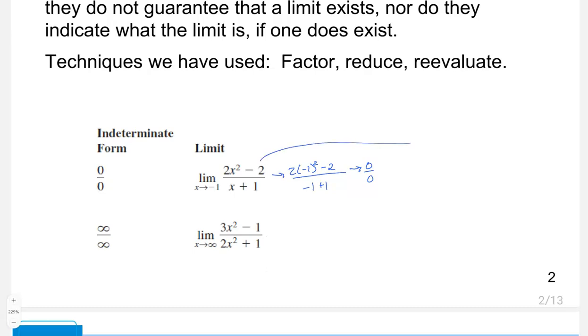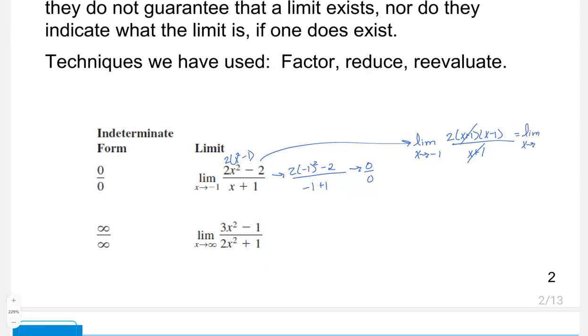And a technique we saw back at the beginning of the course was factoring and reducing, and then taking the limit again. So we could factor a 2 out, and if I factor a 2 out here, that's going to leave me with x squared minus 1, which factors into x plus 1 times x minus 1. And you can see how those x plus 1s cancel in the top and bottom.